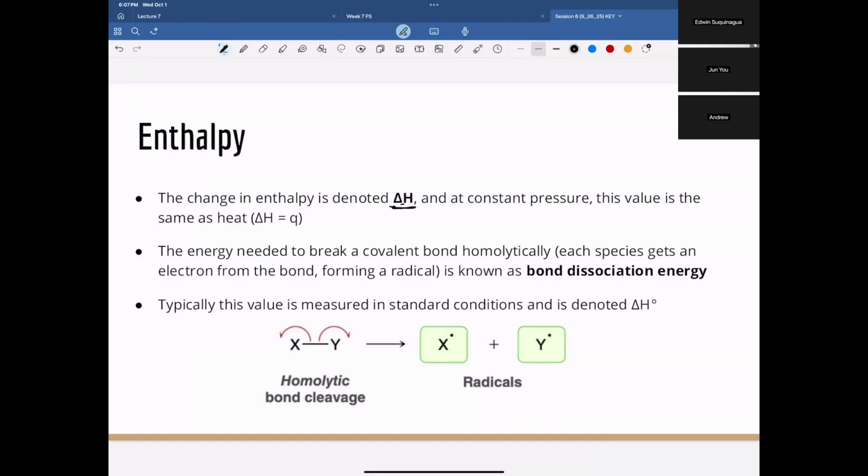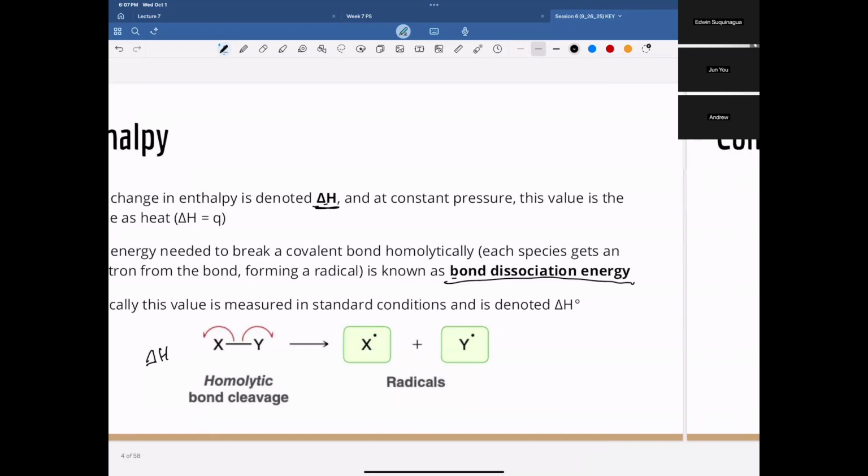And when we break these bonds, we need to put in energy. And this energy is called bond dissociation energy. So if we see this example on the bottom, we see that this XY molecule is being broken apart, and that requires energy. So delta H will be put in.